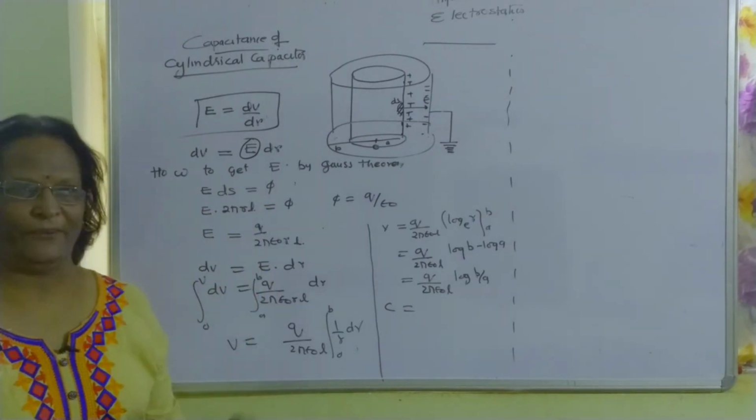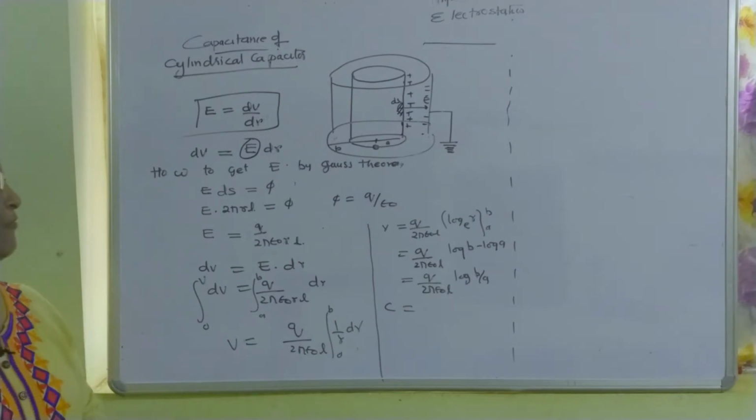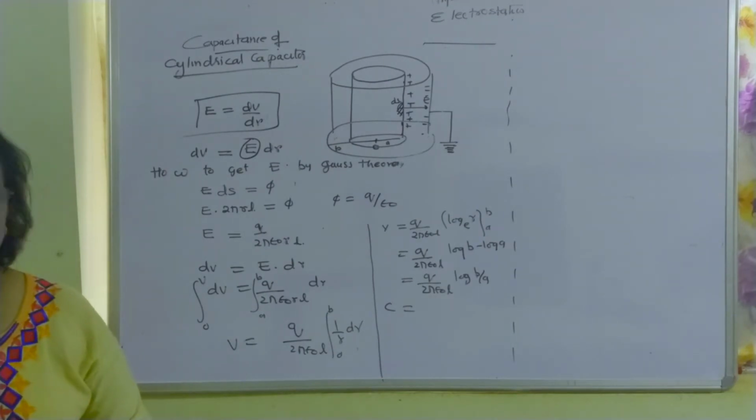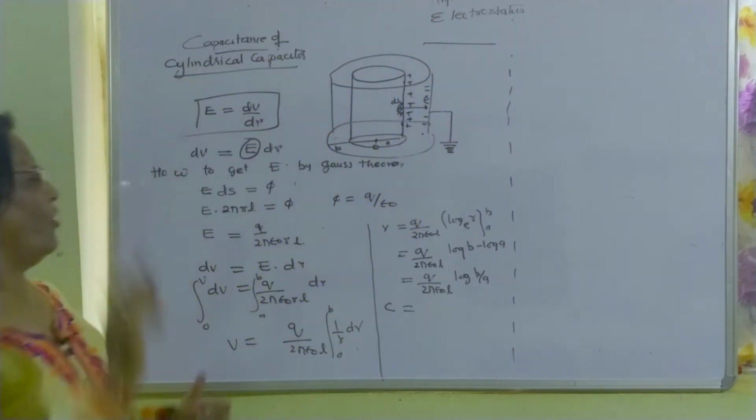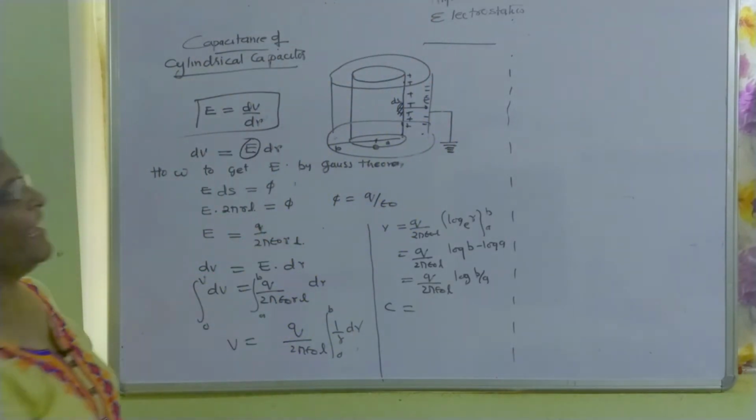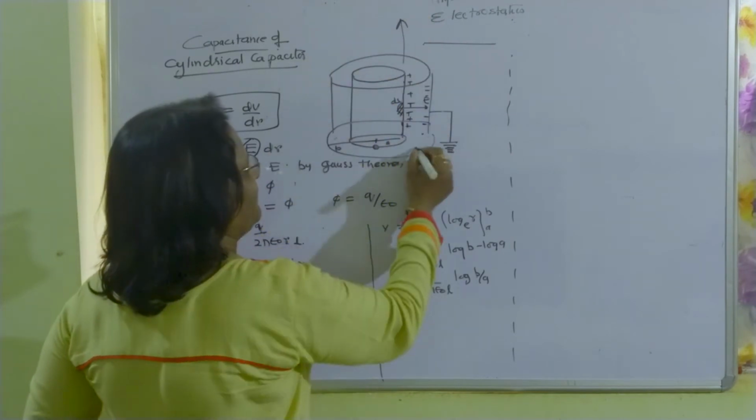E dS equals phi. Now what should be the dS here? It is 2 pi r L, because in this lateral surface area only 2 pi r L will be considered.